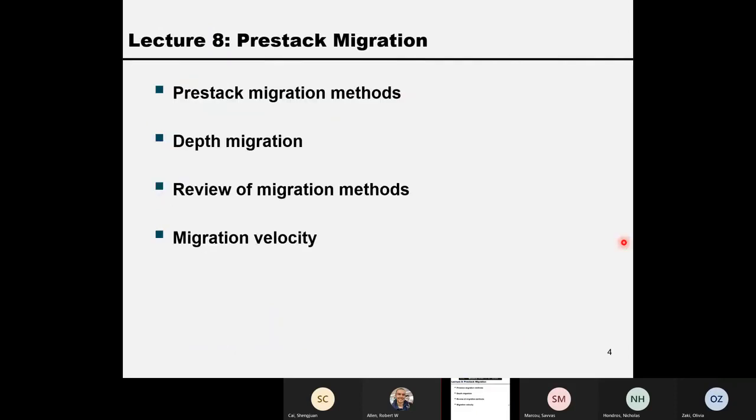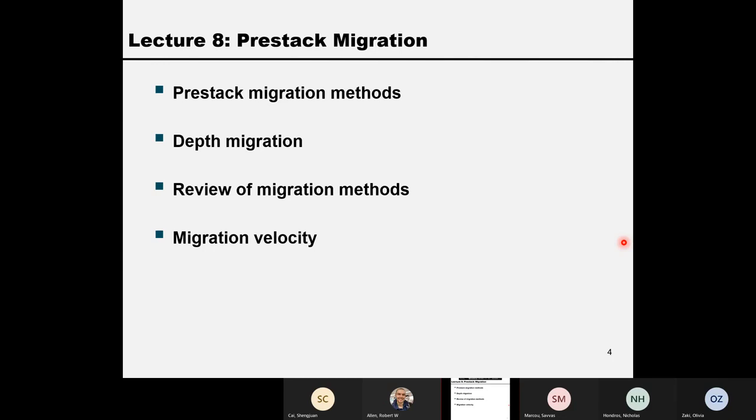For this session, I divided the material into 4 parts. First of all, I introduce the concept of pre-stack migration. And then we focus on depth migration.